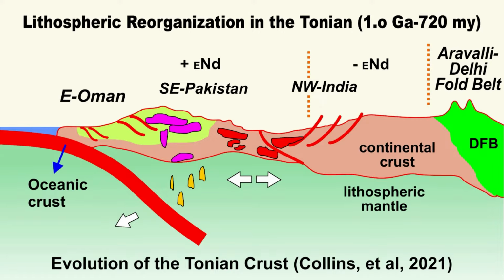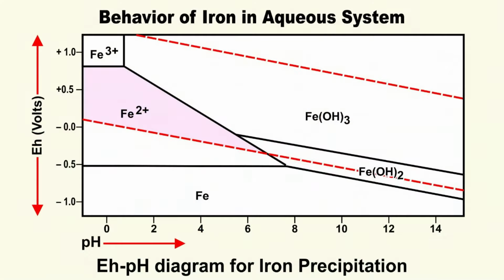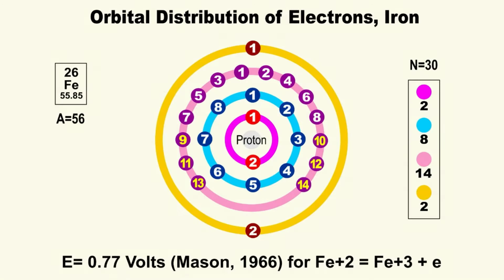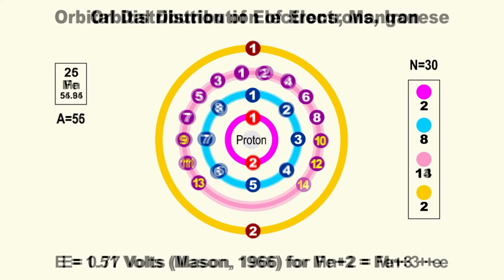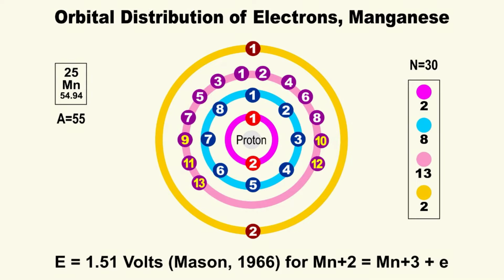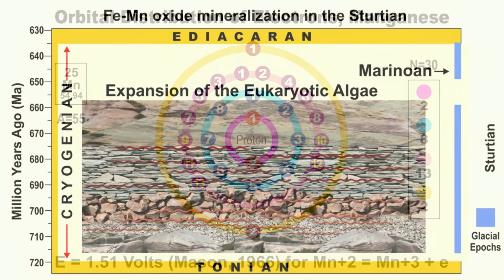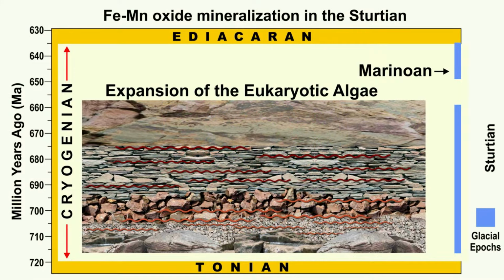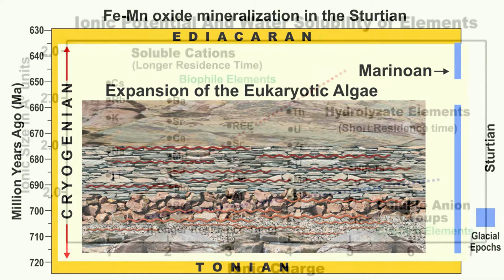However, the continuous and prolonged oxidation of Fe+2 to Fe+3 required 0.77 volts, and later of Mn+2 to Mn+4 required 1.51 volts, which preceded the amazing sequential precipitation process, forming extensive sedimentary deposits that also required a tectonic stability, isn't it?